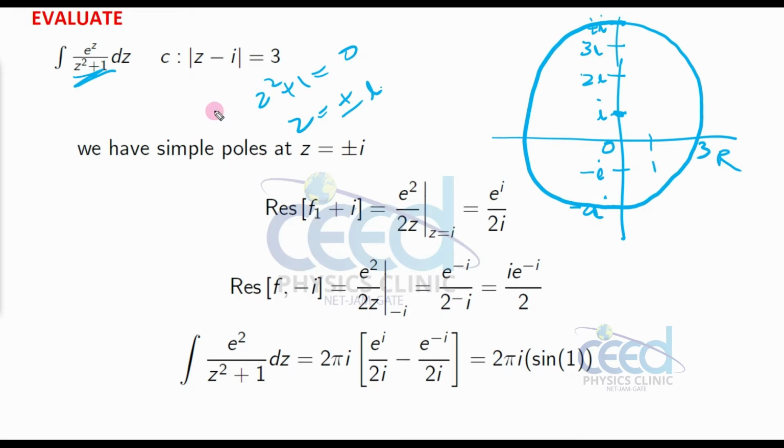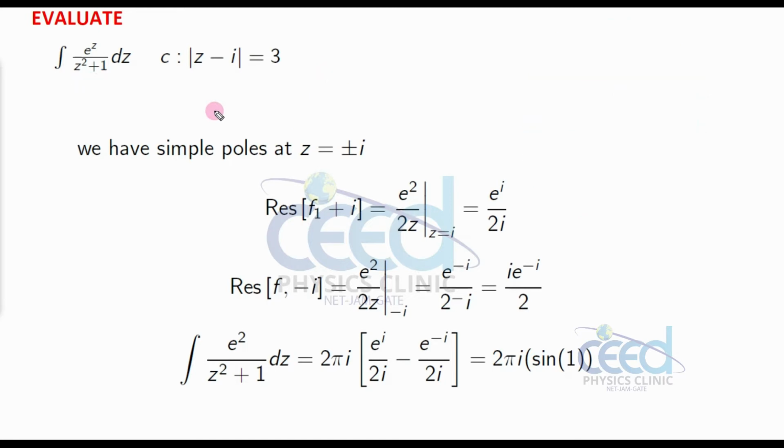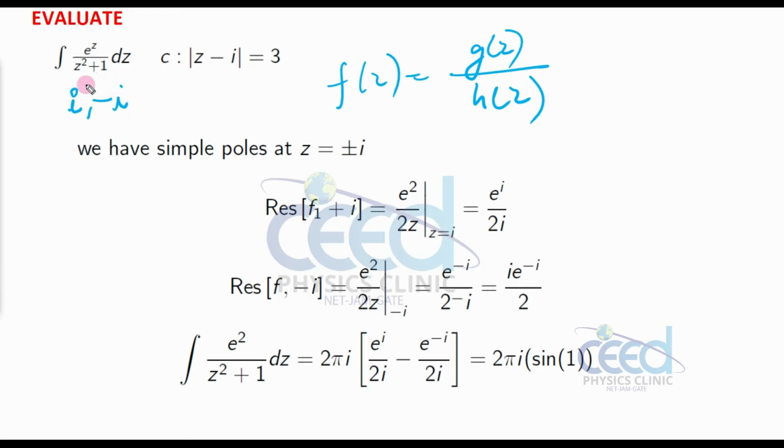I can do this simply: our f of z is in the format g of z by h of z. Our poles are i and minus i. If you substitute i or minus i here, this part will be 0.